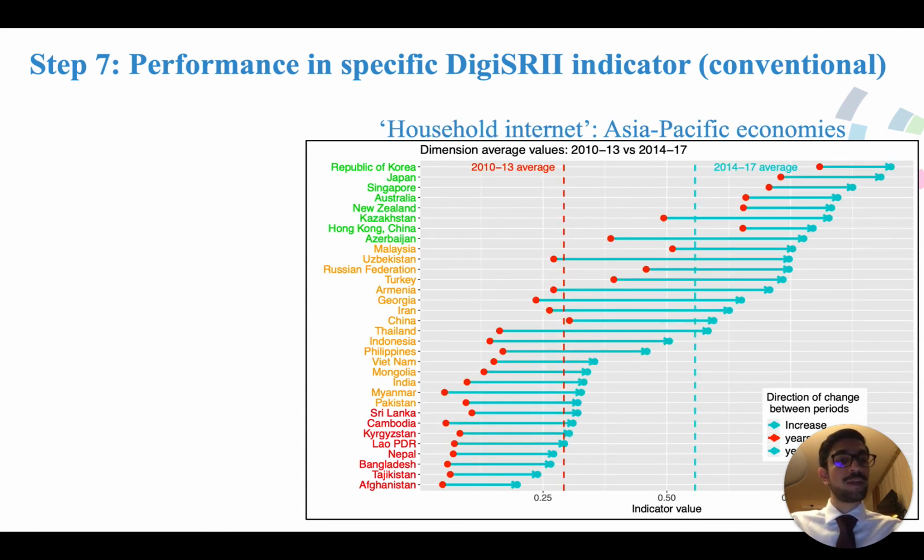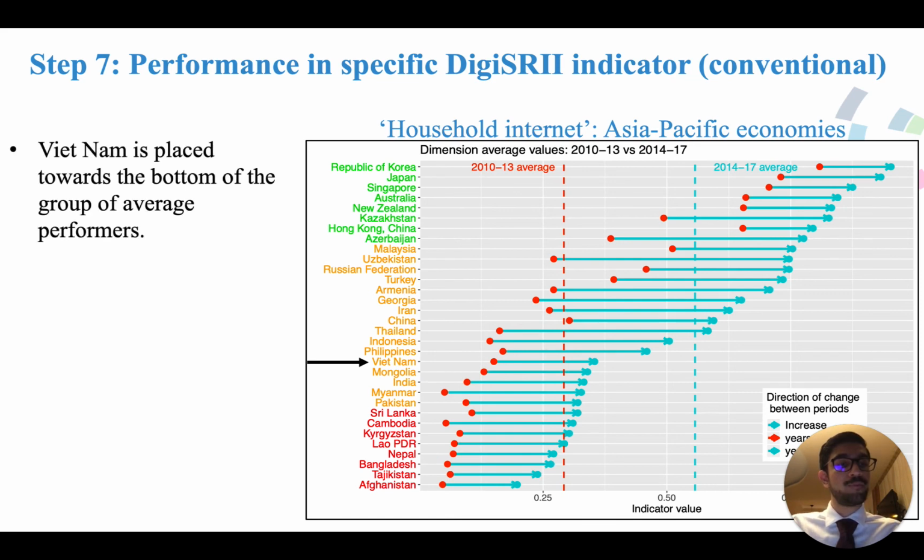Similarly, we evaluate the performance of Vietnam in one of its main indicators for sustainable digital economy integration, namely household internet. Vietnam is placed towards the bottom of the group of average performers, making modest progress in terms of change over time. It performs below the regional average for both periods.